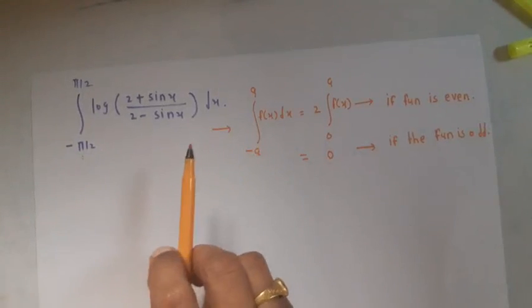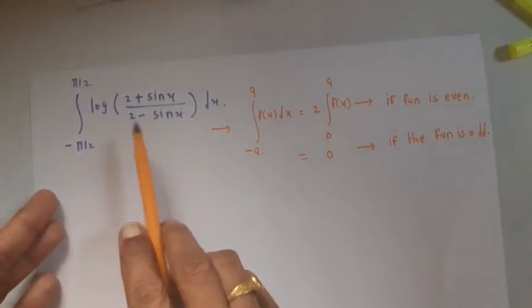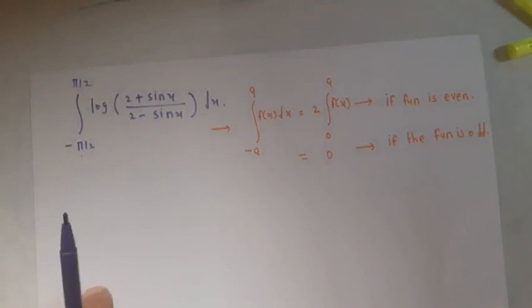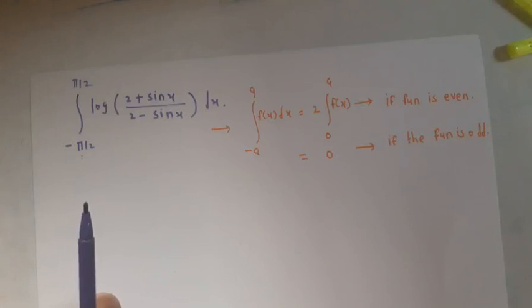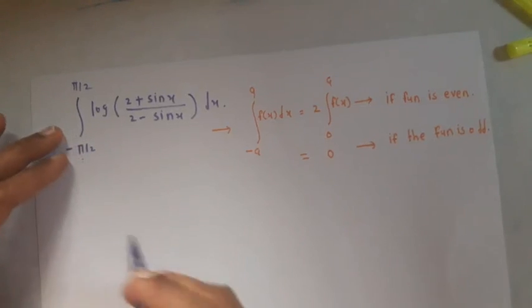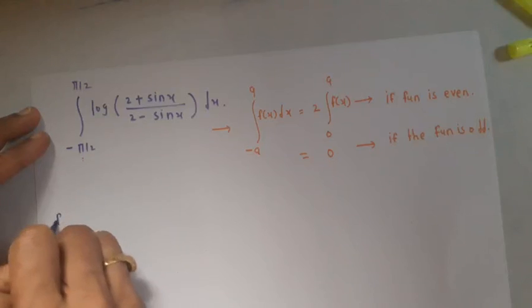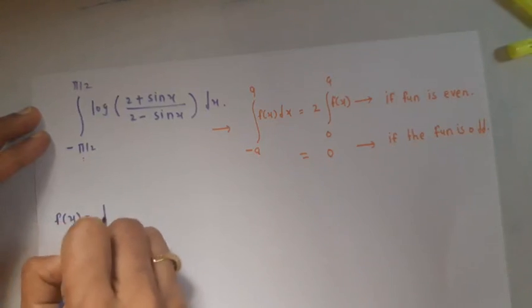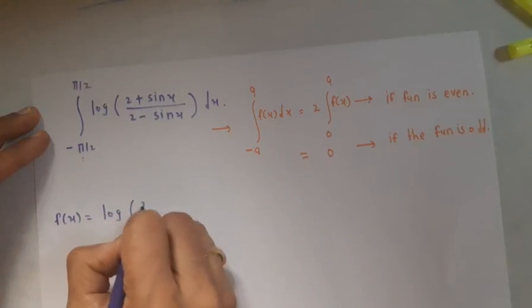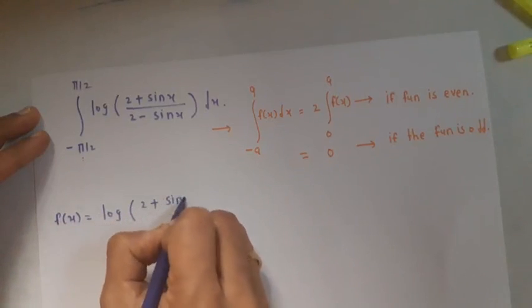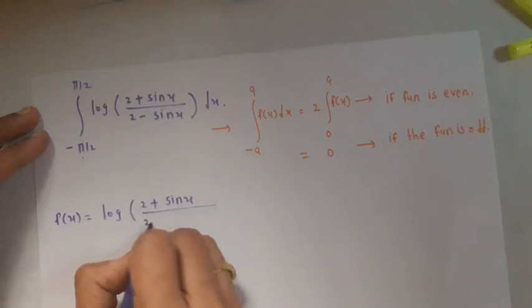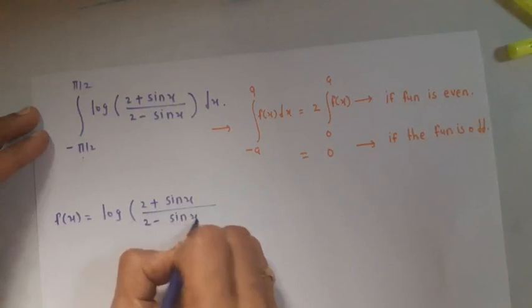But before solving the problem, students, first let us check whether the function is even or odd. Now let us consider the function f of x equal to log of 2 plus sin x upon 2 minus sin x.